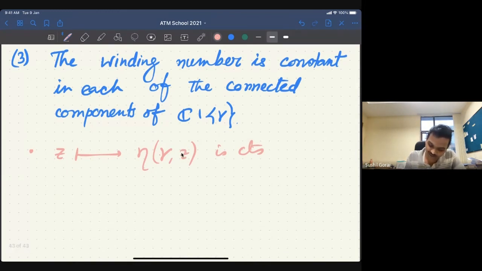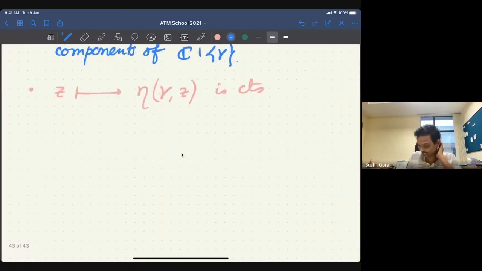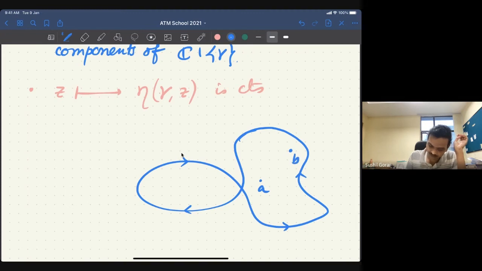The second way looks a little more interesting to me, so let me sketch it briefly. Suppose this is your gamma, going this way, this way, this way. Suppose A and B are two points such that the line joining A and B does not intersect gamma.